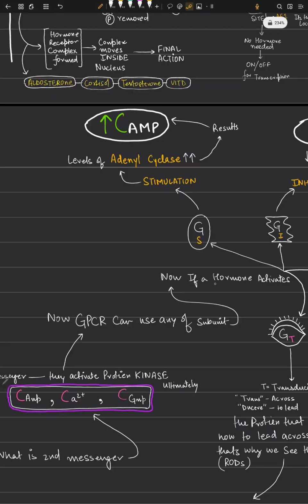So what happens is that the hormone is activated. If a hormone activates Gs, this stimulation increases the level of adenylyl cyclase, AC, and this results in increased cAMP activity, which can later result in different outcomes.